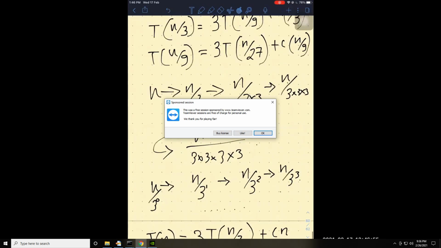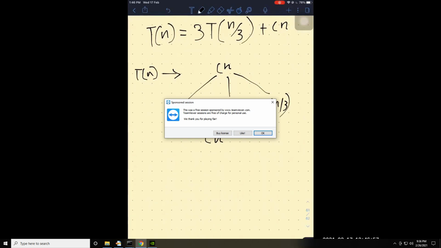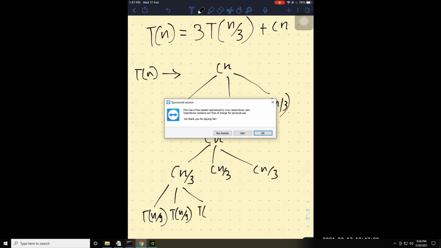So by replacing them, we will get something like this: c of n, then c of n divided by 3, c of n divided by 3, c of n divided by 3. And each one of them will have 3 sub branches with t of n divided by 9, t of n divided by 9, t of n divided by 9. So each of them will have those 3 sub branches.